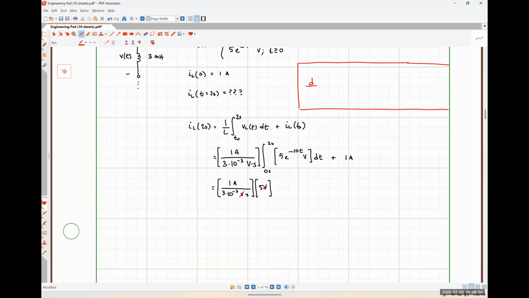The derivative of e to the alpha t is alpha e to the alpha t, and the integral of e to the alpha t dt is 1 over alpha e to the alpha t plus c. In this case, my alpha is negative 10.